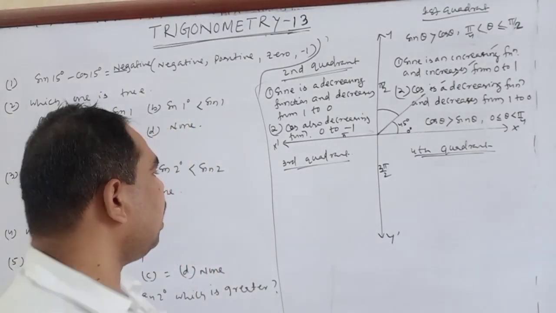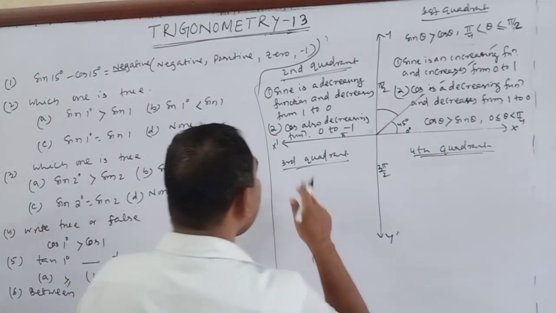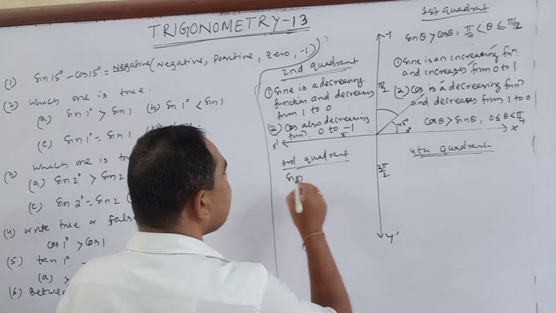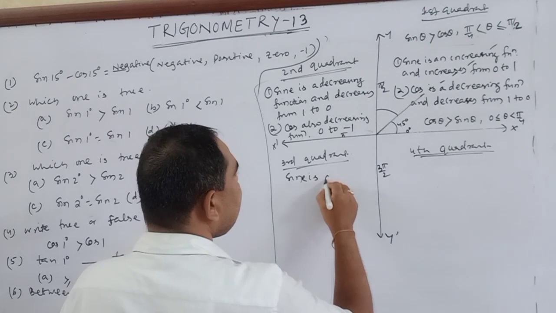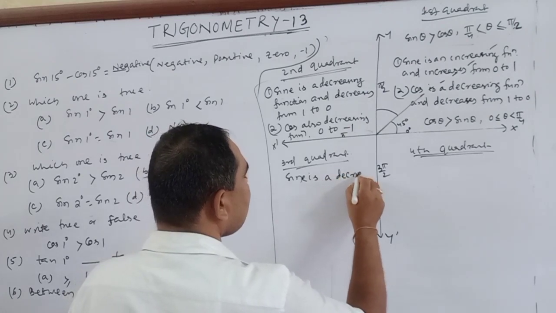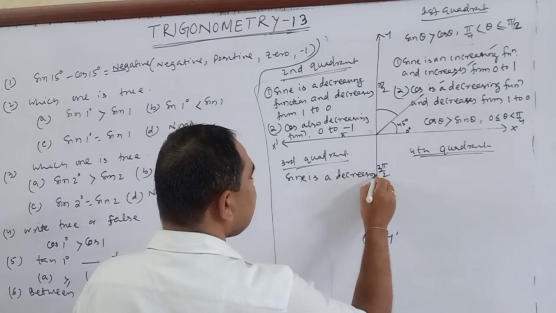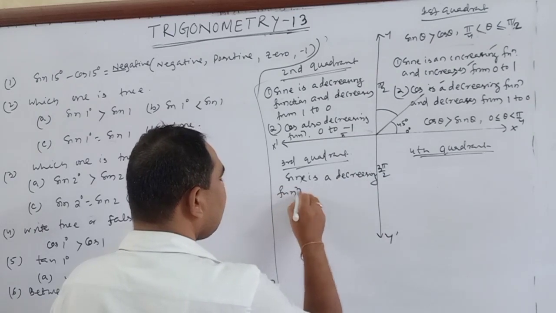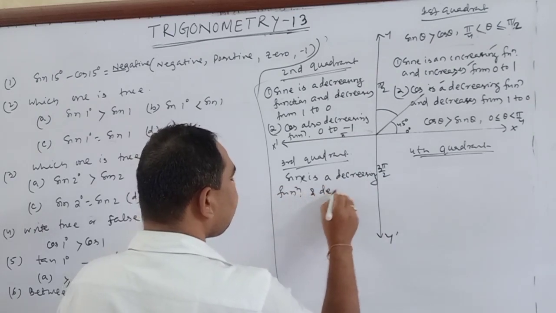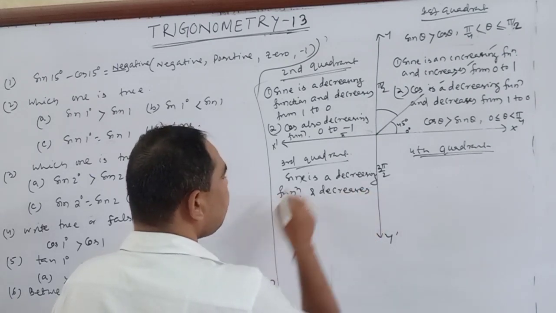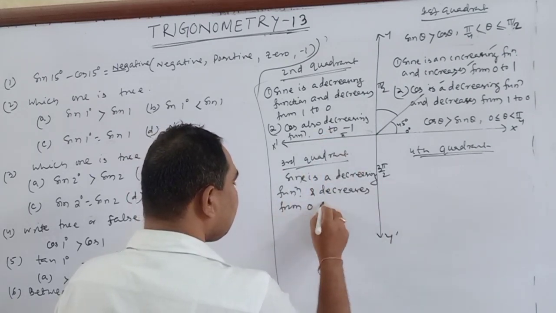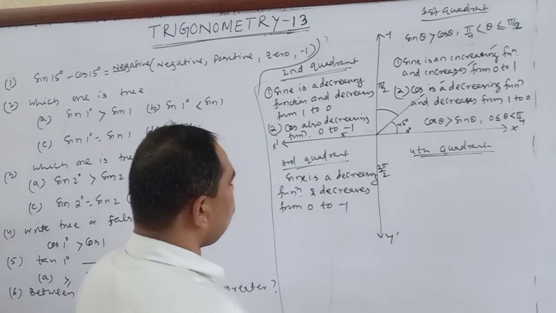Next, in third quadrant sin is a decreasing function and decreases from 0 to minus 1, okay?